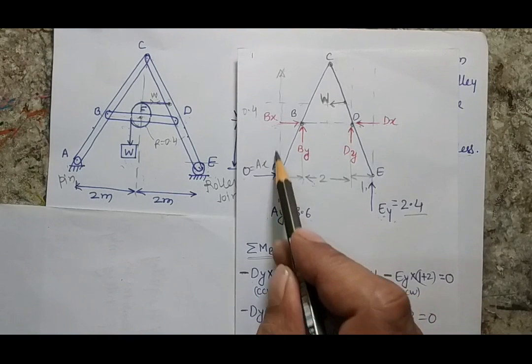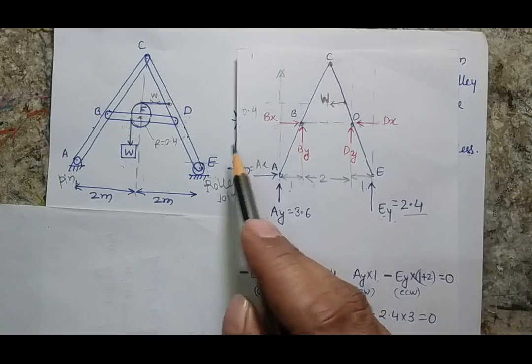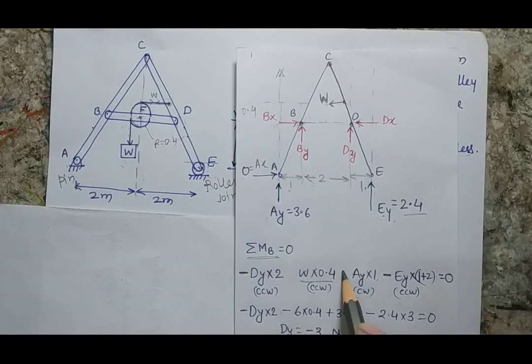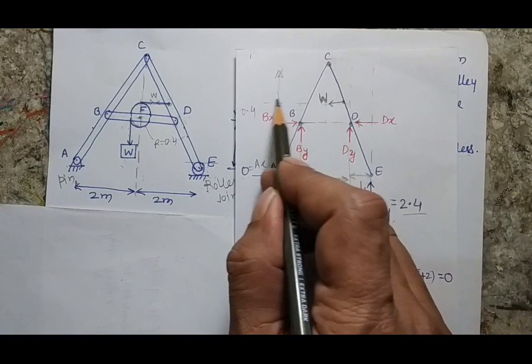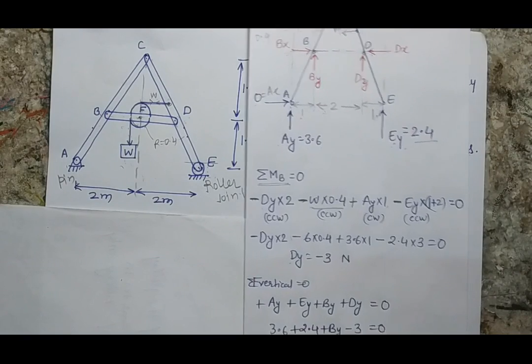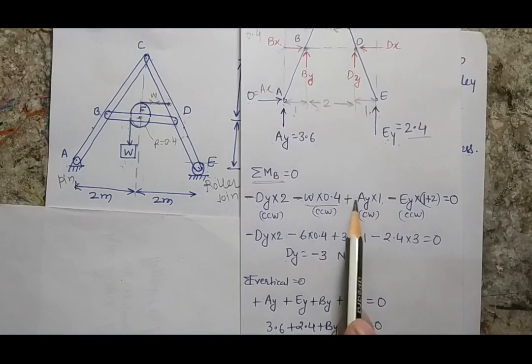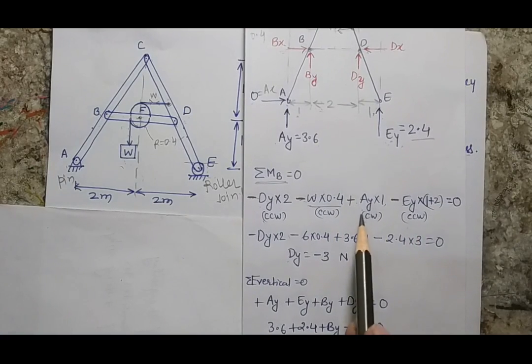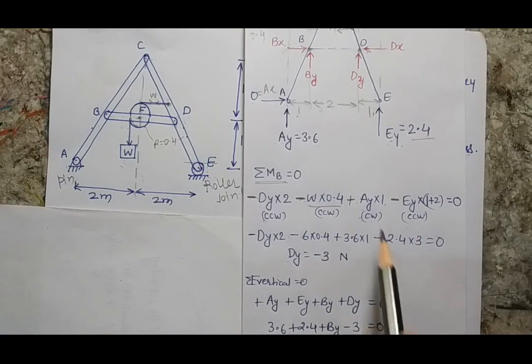My Ay is acting upward, but it is on the left side of the point, so it will have a clockwise effect, so it will be positive. As well as W is acting in this way, so it will also try to rotate the system in the counterclockwise direction. So finally I have an equation with 3 negative signs and 1 positive sign. These 3 are counterclockwise movement, and the movement because of Ay is clockwise.